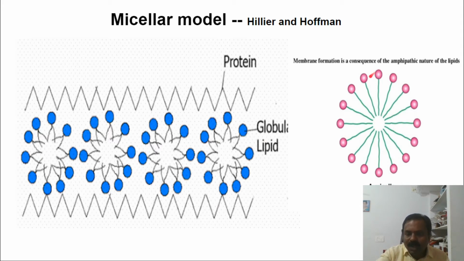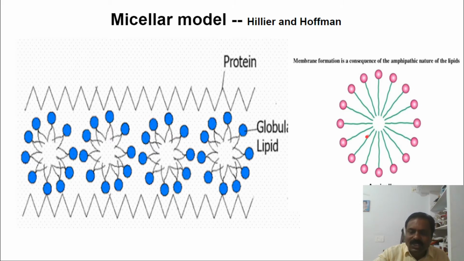The phospholipid molecules are arranged in a circular form, and the hydrophilic head region is present away from the center, and the hydrophobic tail region is present towards the center. Like that, one circular or globular structure is formed.